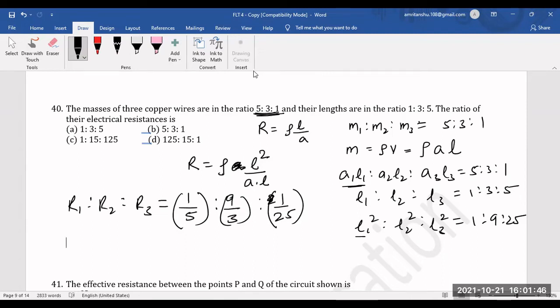So when you solve this, you get 1 is to 15 is to 125. So that is the answer for this.